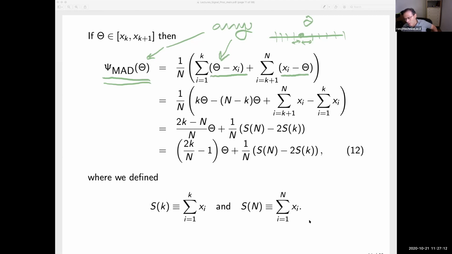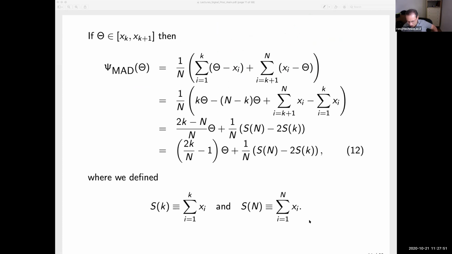So this is a way of looking at the absolute value. If xi minus theta would be negative, I'm just switching the order of the subtraction, and it would guarantee that this one would always be greater than 0. And the same goes for all the points to the right of my theta. This would always be larger than 0. So this is a way of writing this penalty. And now I'm continuing to open this equation. What I have here is k times theta.